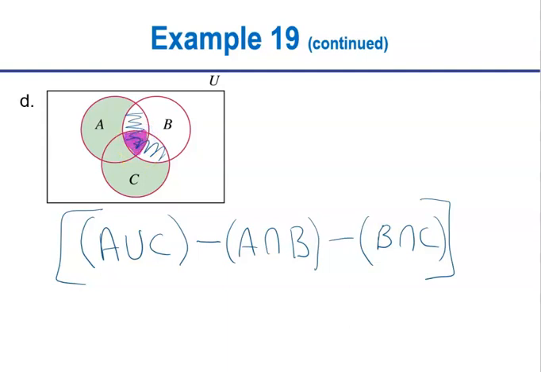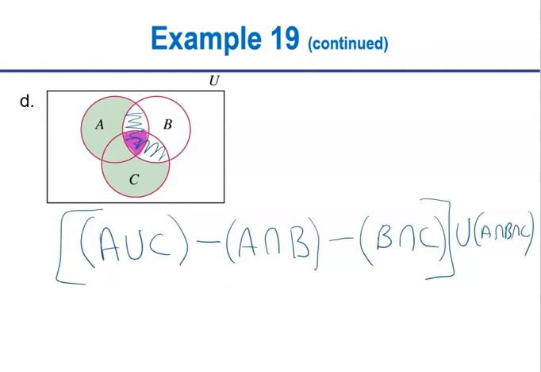If I add that back in, that would be union. When you add something back in, it's a union. Then it would be A intersection B intersection C. Now that certainly can't be the most simple version of this.